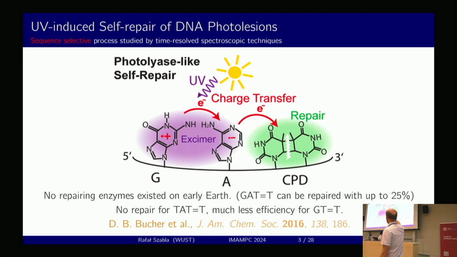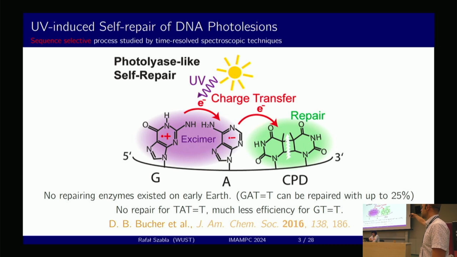So the idea was how they could repair themselves, and possibly there could be some prebiotic selection of these sequences based on photostability or self-repairing propensity. Interestingly, other sequences like TATT or GTT are not so efficient in promoting self-repair in general.